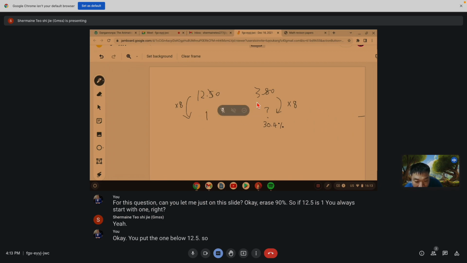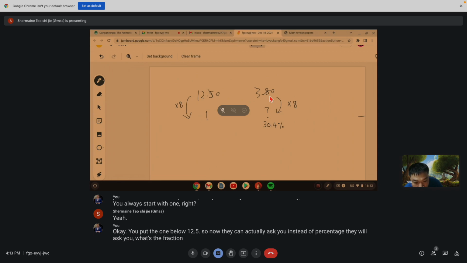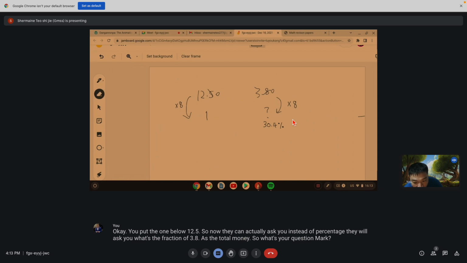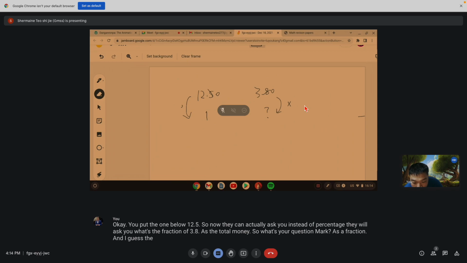Now they can actually ask you, instead of percentage, what's the fraction of 3.8 as the total of money. So what's your question mark? As a fraction. And I guess the factor is no longer 8, so you have to change accordingly.